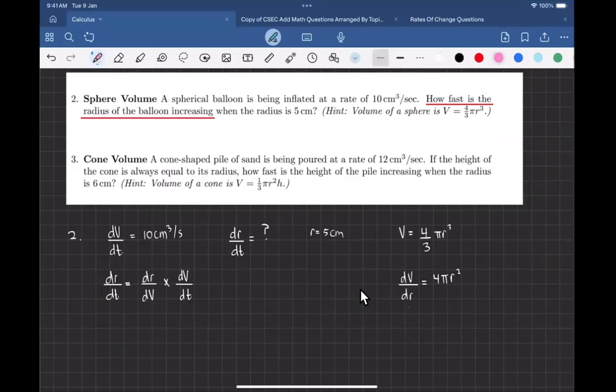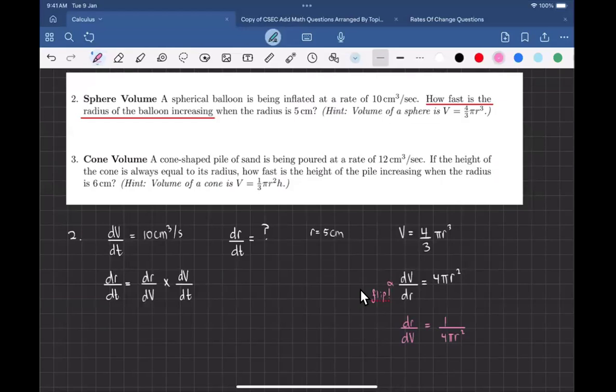No, so you have to flip it to get dr over dV, which will be equal to 1 over 4 pi r squared.